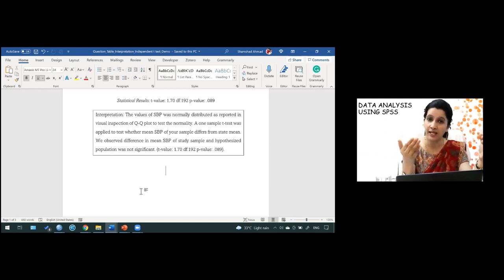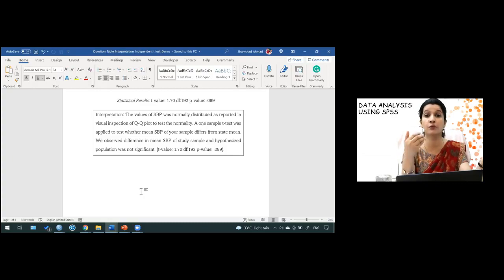So again, I said that it has an objective and a subjective way. The objective way is very clear cut. Enter the data, see the kurtosis and skewness, or see the Shapiro-Wilk test values: if more than 0.05, it is normally distributed; if less than that, it is not normally distributed.